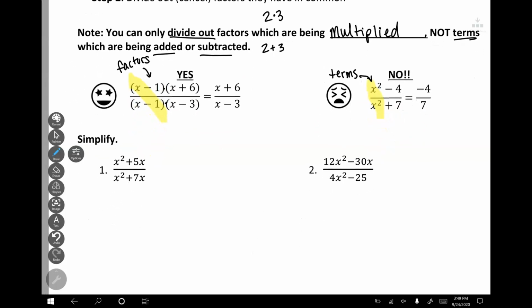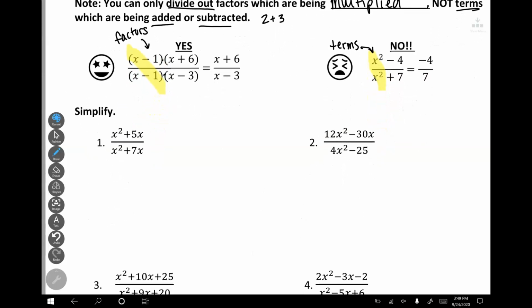Okay, so let's try simplifying. Step 1, we want to factor the numerator and denominator. So on the top, you see I can take out an x, leaving me with x plus 5. And in the denominator, I can take out an x there as well, leaving me with x plus 7.